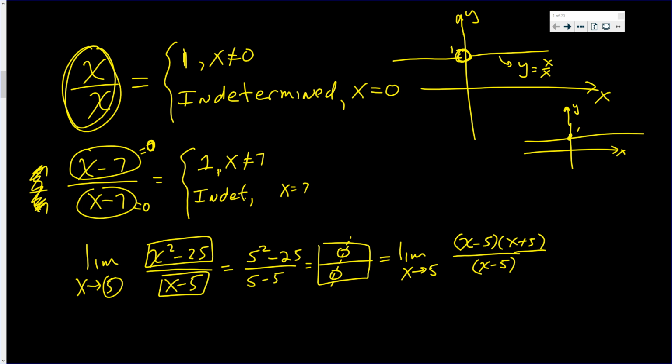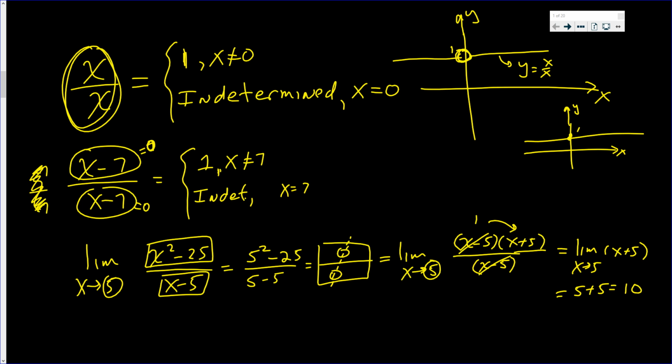In fact, it was the only factor. Now here's the beautiful part. This over this is 1. Why? Because x will never be 5. So basically, we just have the limit as x goes to 5 of 1 times x plus 5, which is just x plus 5. And now when you substitute in 5, you get 5 plus 5 equals 10.